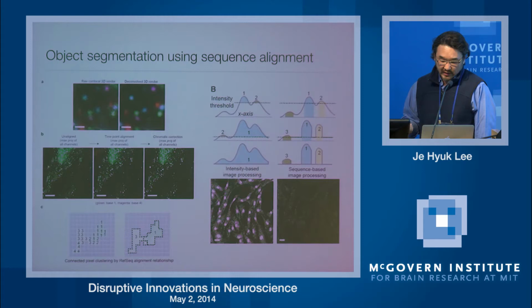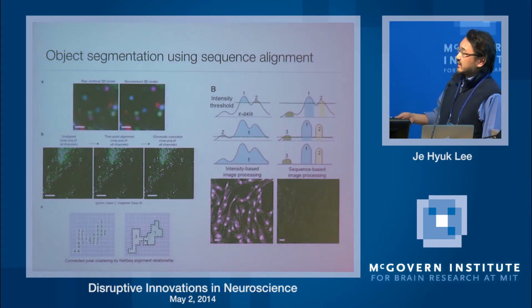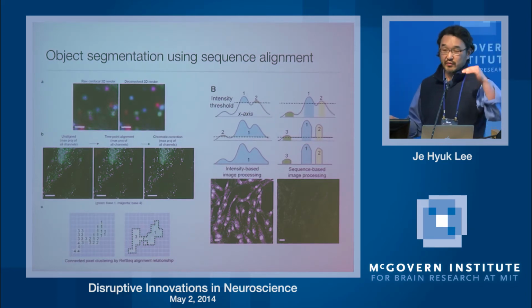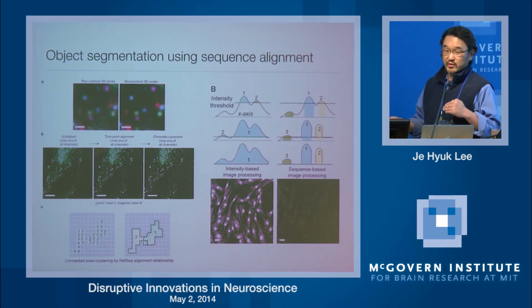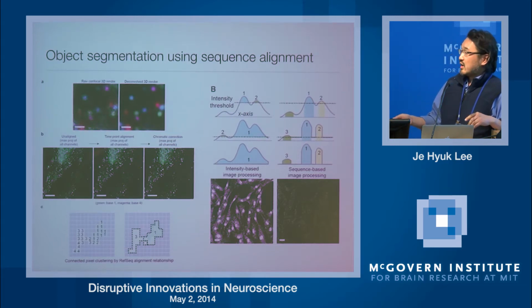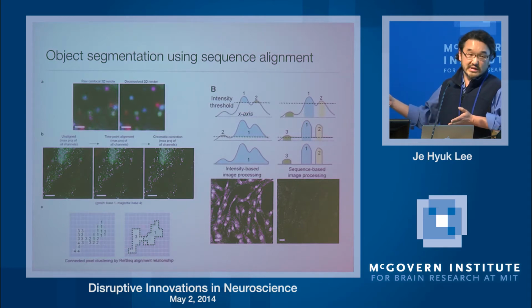And another point that we made in our paper, which was recently published in Science, is that the normal way of counting objects, you have to depend on intensity-based image processing, meaning that you set your threshold based on your experiment-specific signal-to-noise ratio. But in our case, we don't have an intensity threshold. We just call sequences from every single pixel, no matter how dim they are, and the probability of them being a false positive is purely related to how long your sequencing reads are.